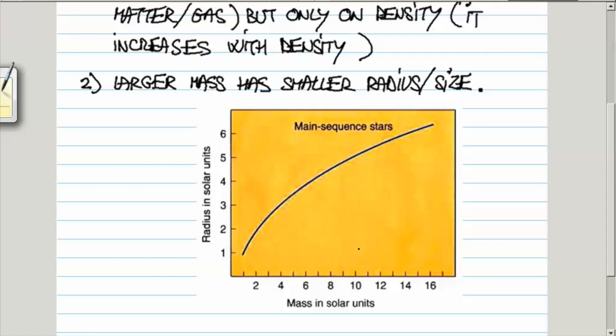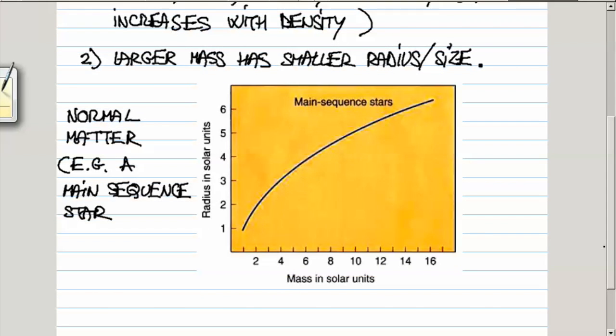The bigger the mass, the larger the radius, right? So this would be the dependence of size on the mass for normal matter, since a main sequence star. And intuitively, it makes sense to us, right? I mean, over the holidays, if you eat a lot, then, you know, your radius is going to go up. So that's how the normal matter behaves.